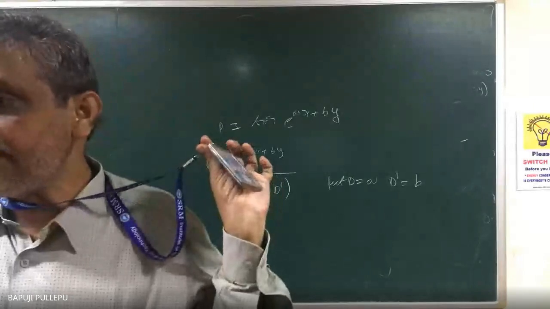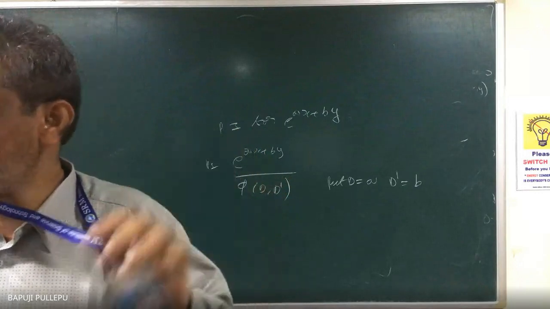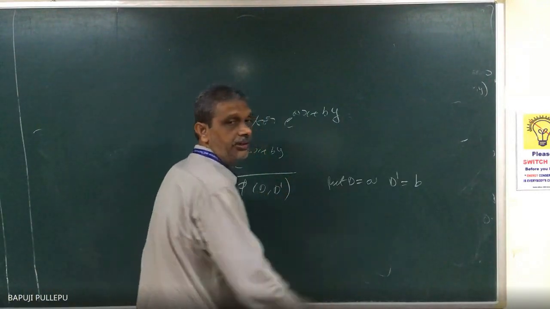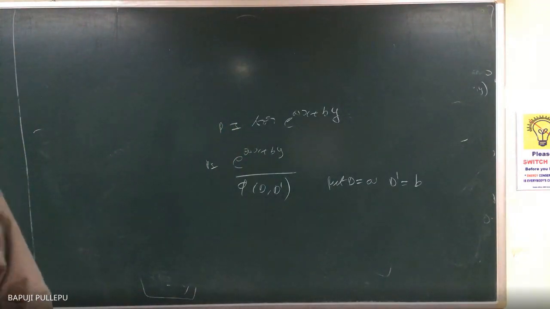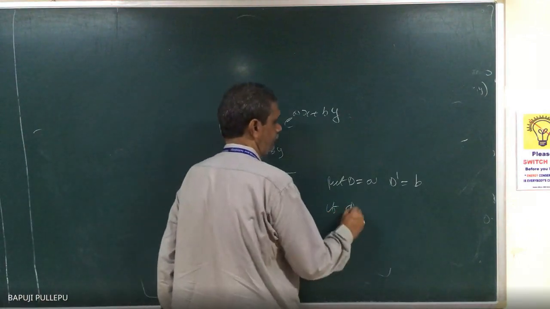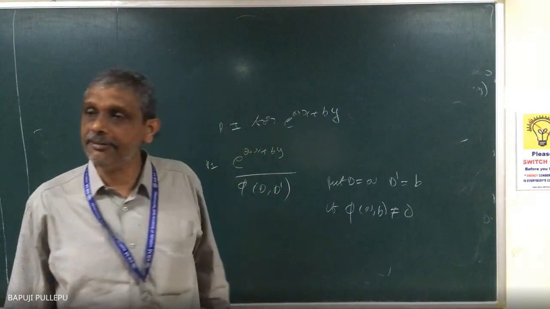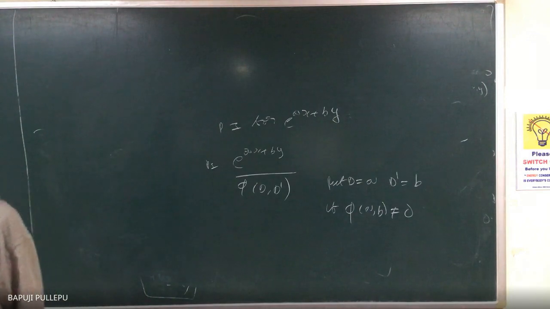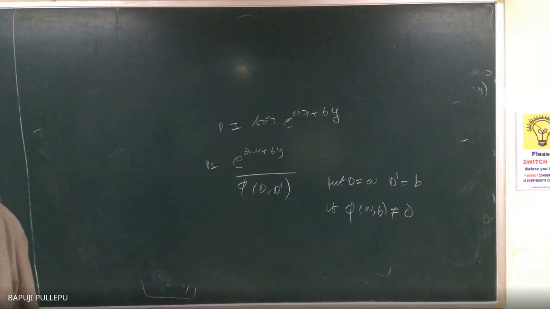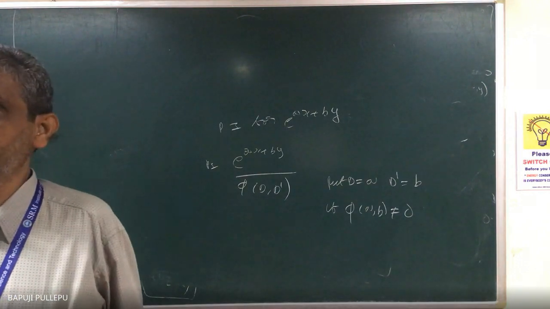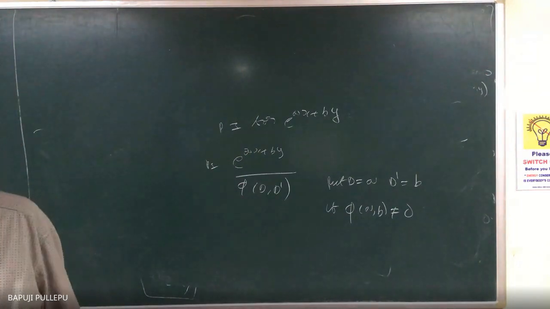This method is valid only when φ(a, b) is not equal to 0; then you can go smoothly. If φ(a, b) is 0, that is a different story, called the case of failure. How to attack the failing case, I will tell you. Clear?